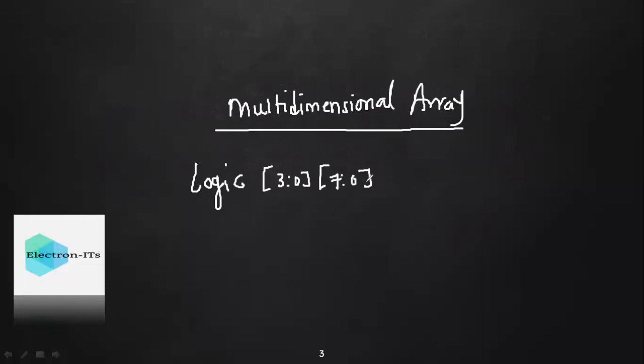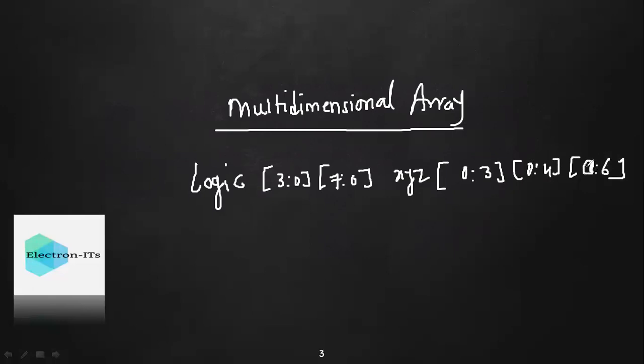A multidimensional array allows the mixed use of packed and unpacked dimensions in an array definition, leading to a mixed multidimensional array. That means it is a combination, containing the packed array as well as the unpacked array. Now I'm writing the name of the array as xyz and then 0 to 3, 0 to 4 and 0 to 6.